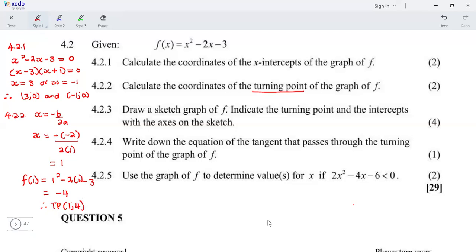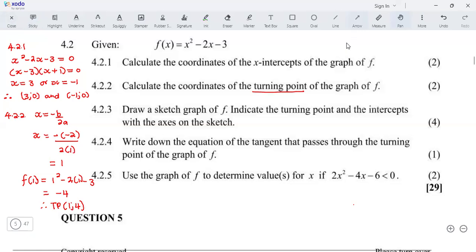Next question says, we need to sketch the graph. So I'm going to sketch the graph over here. All right, so now let's put our intercepts here.